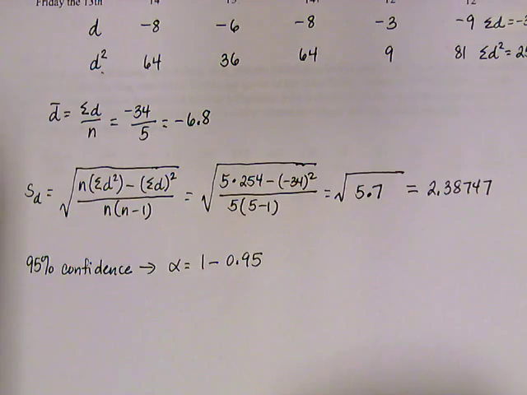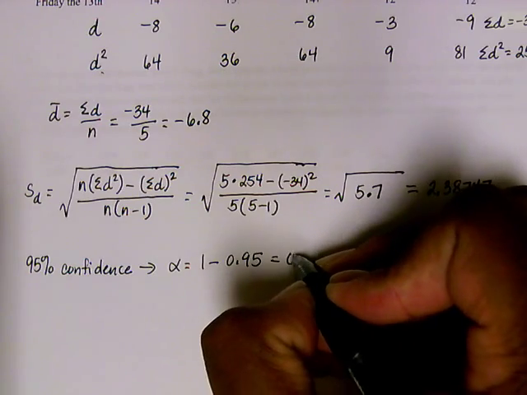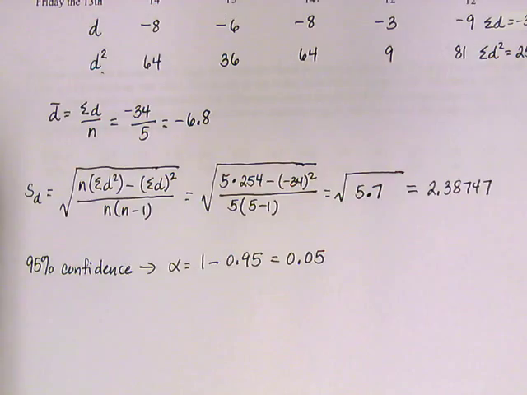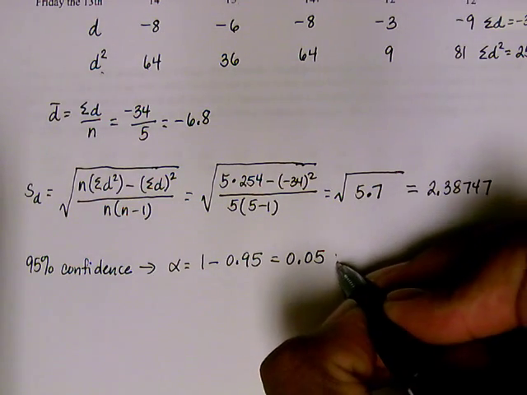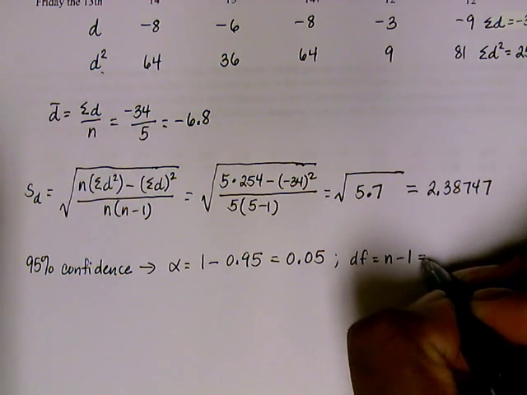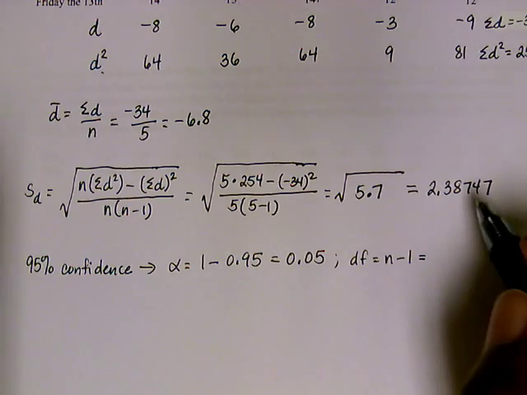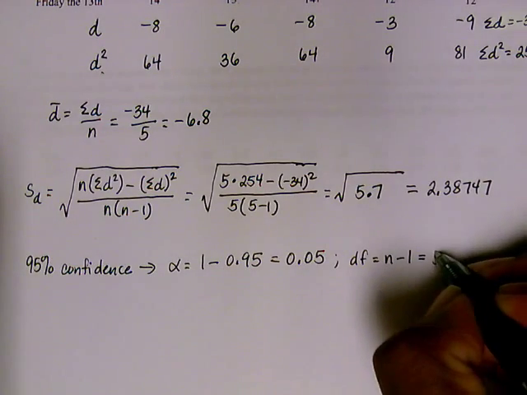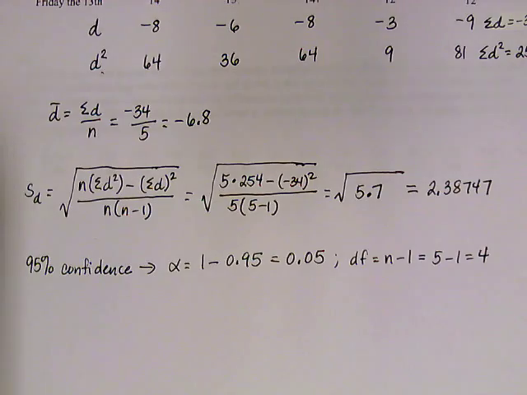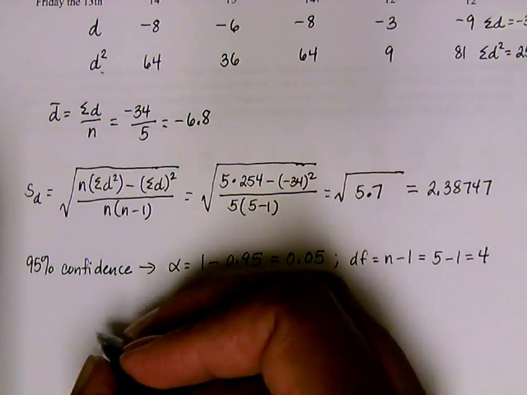So 1 minus 0.95 would be 0.05. So the alpha level there will be 0.05. And also my degrees of freedom is n minus 1. There were 5 paired data, so that's going to be 5 minus 1, which will be 4. So I have 4 degrees of freedom and a 0.05 significance level in 2 tails.